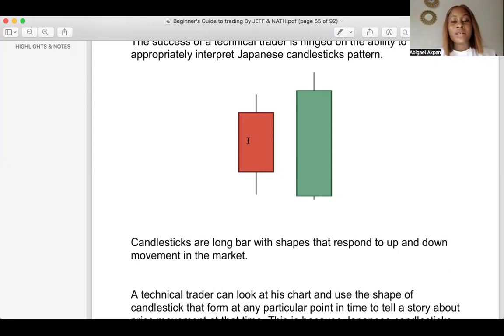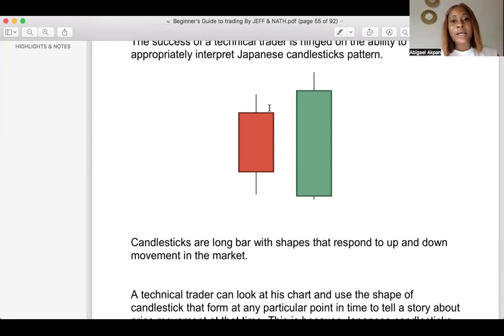Now, this bearish candlestick, the price opened at this top. This is called a wick. The sellers were able to push the price down. Sorry, come again. The price opened at this particular point here.